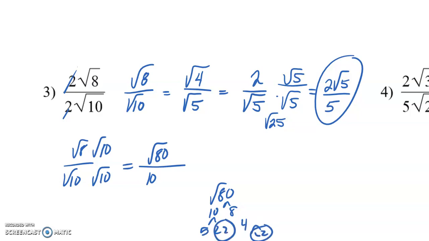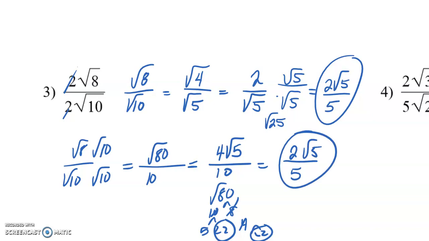You would have got 2 pairs of 2, so you would have got 4 root 5 on the top over 10, and then realize that the 2 over 10 simplifies. So you absolutely could have done that. Might be easier for some. There's just a little more breaking down of a bigger number.